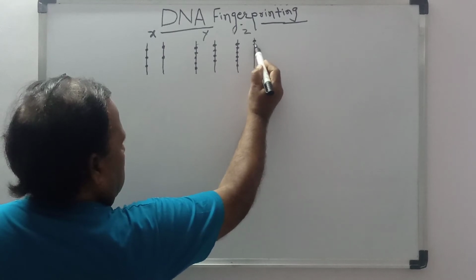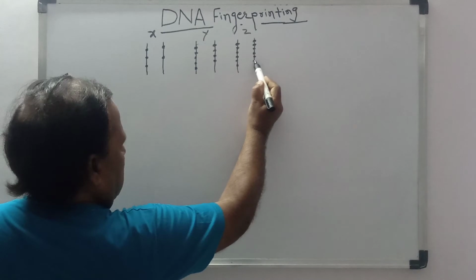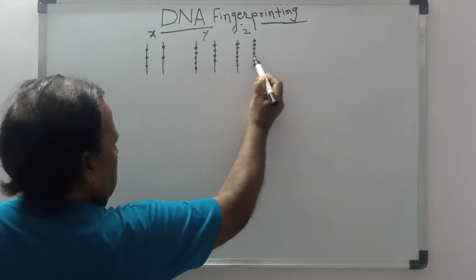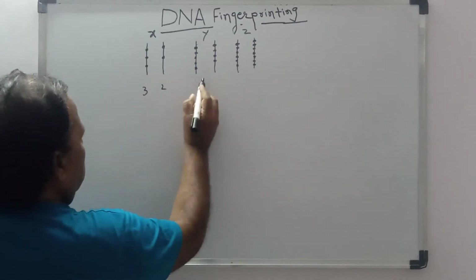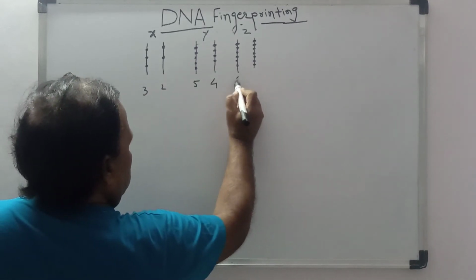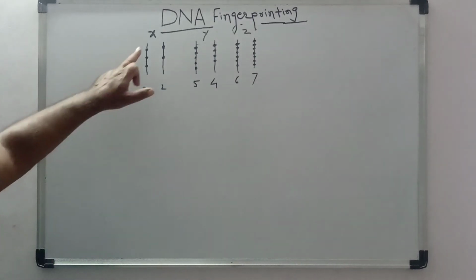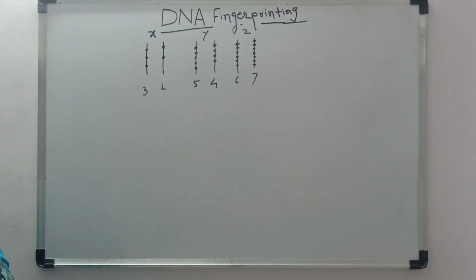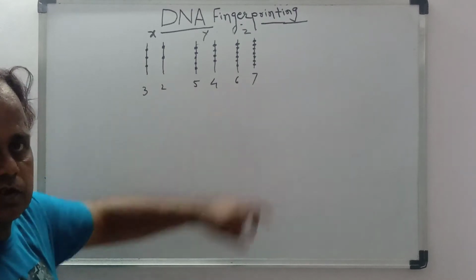In this case, it can be for 7 times. This is 3, this is 2, this is 5, this is 4, this is 6, this is 7. These are the 3 suspects which we are considering having this type of repetitive sequence.